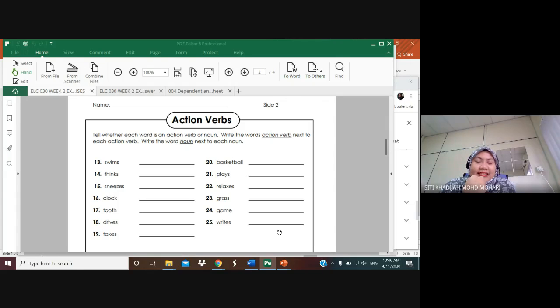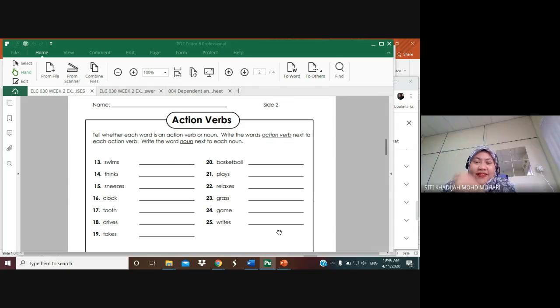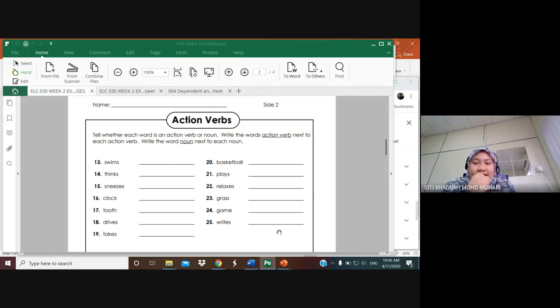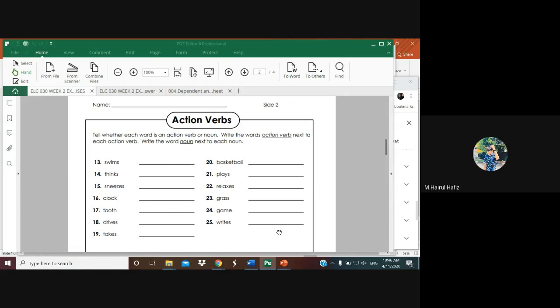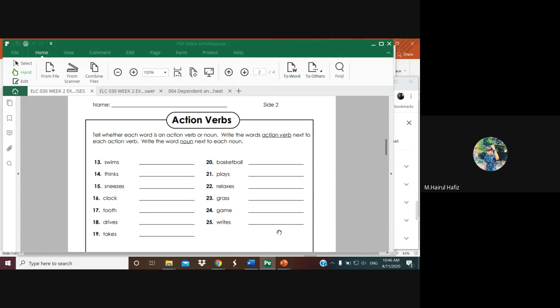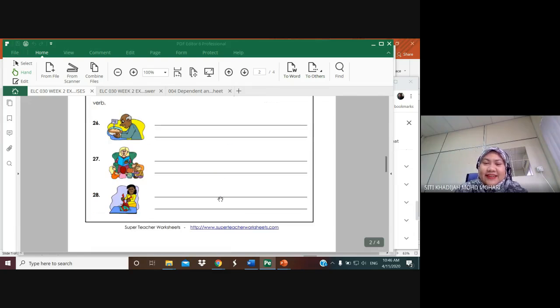Very good. Glasses. Noun. Very good. Grass. Noun. Game. Noun. Right. Verb. So right is a verb, kata kerja, yes.